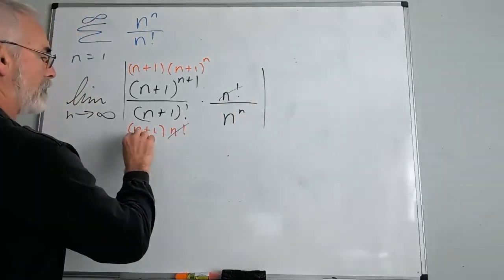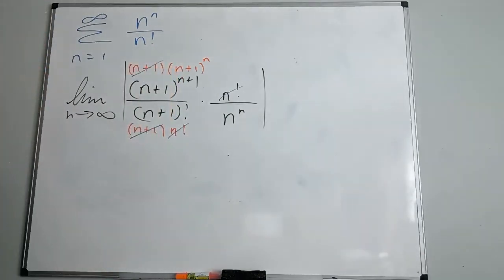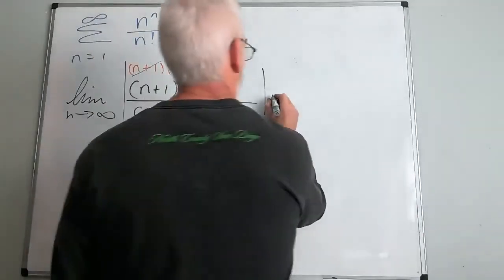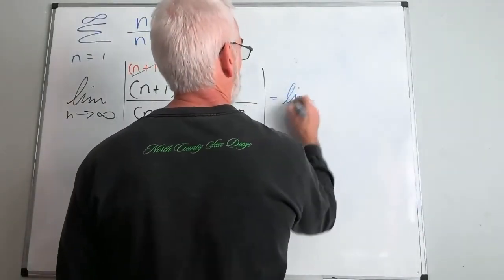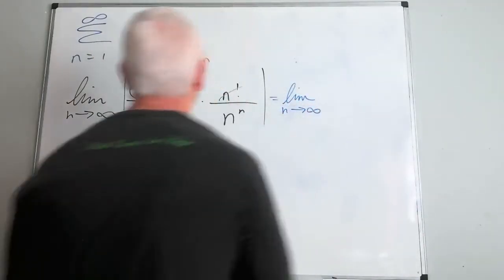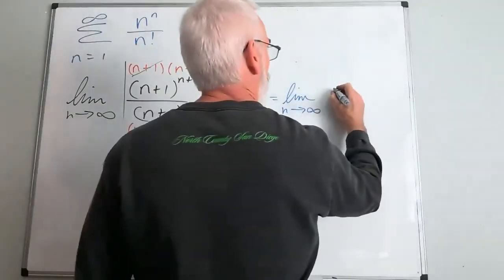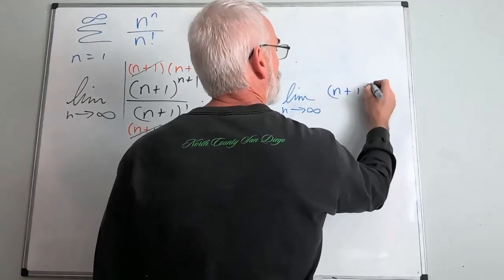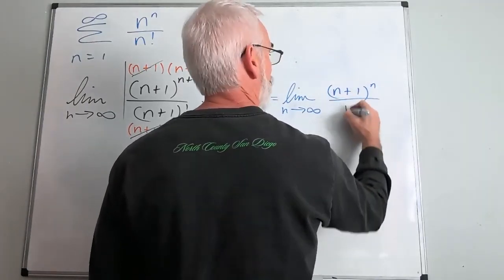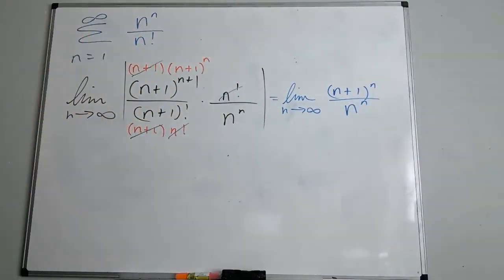Because now I could at least cancel that stuff. So what am I left with now? Now I'm left with n plus 1 to the nth on top, and on the bottom, I'm left with n to the nth. Well, at least they have the same exponent.